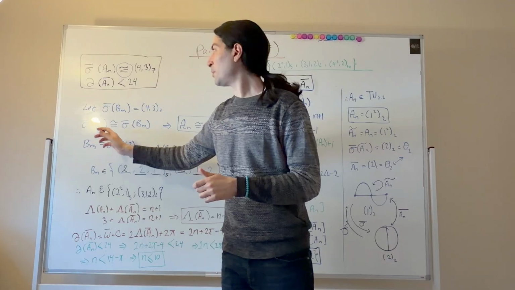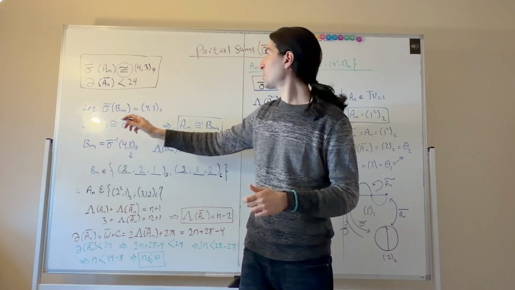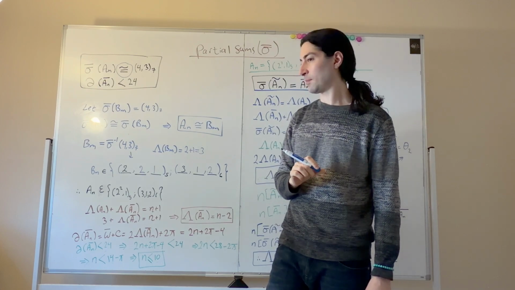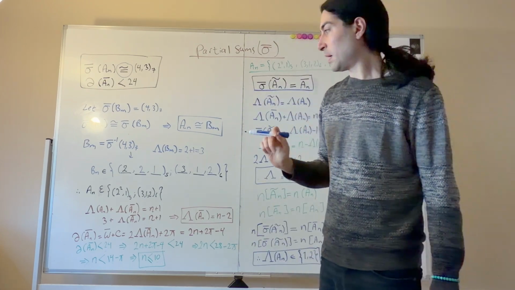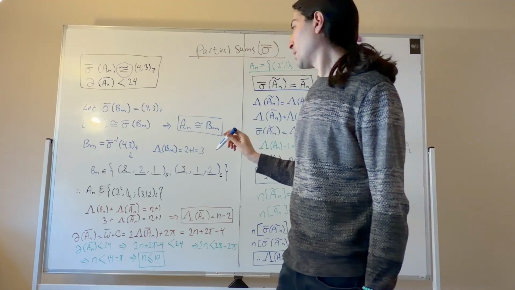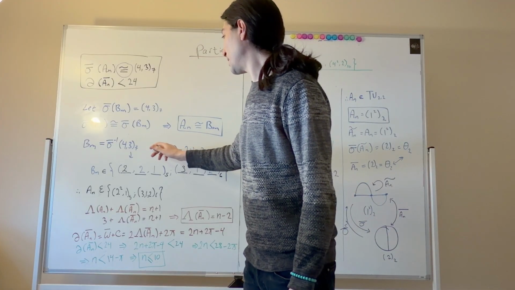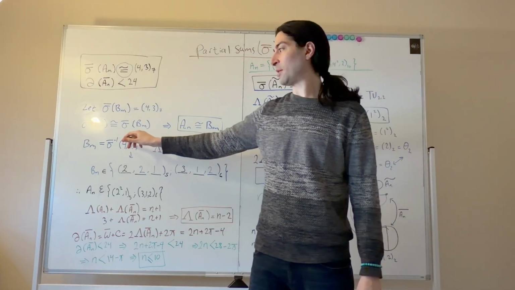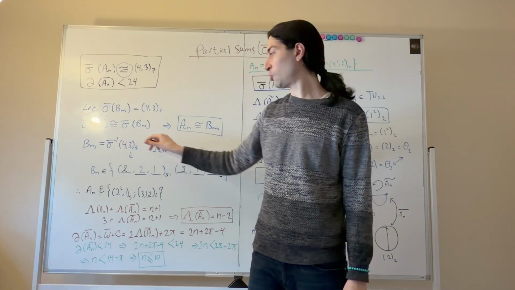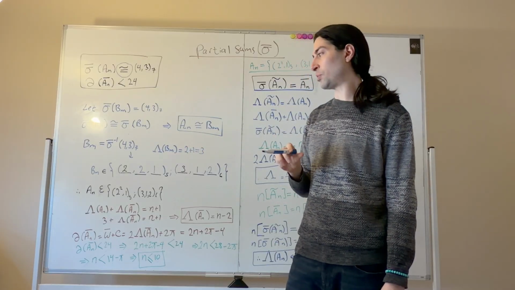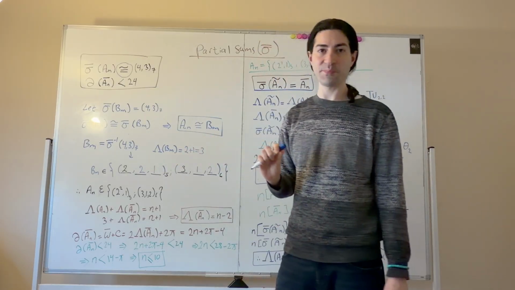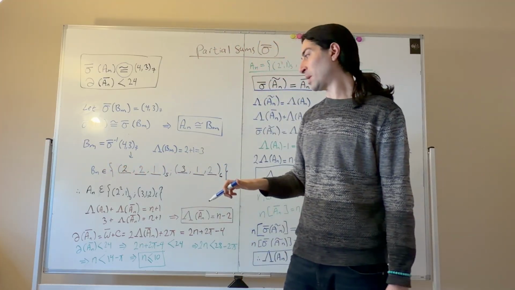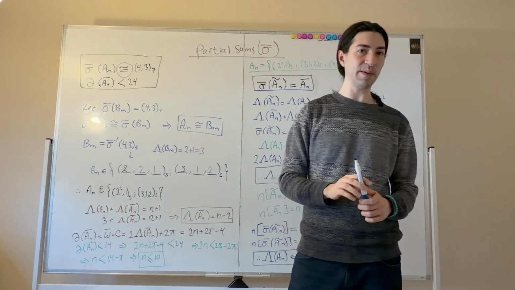And what is Bm? Bm is simply the inverse partial sum of 4,3 subscript 7. Therefore, we can say that the order of Bm has to be 1 more than the order of this, which is 2 plus 1 equals 3. So the order must be 3. So Bm must be made of 3 parts, and we can figure out what these 3 parts are.